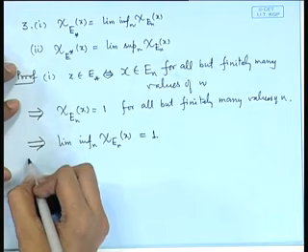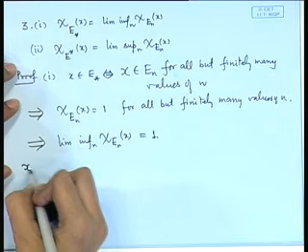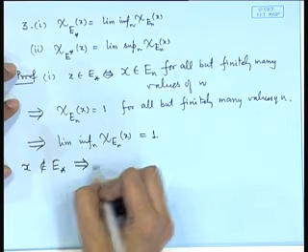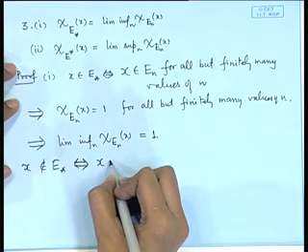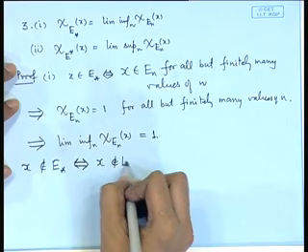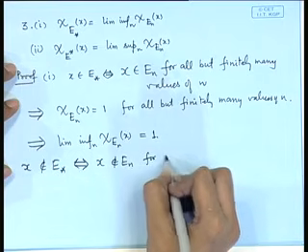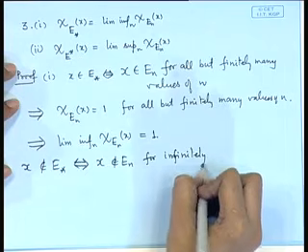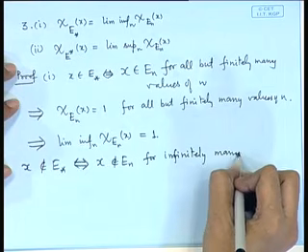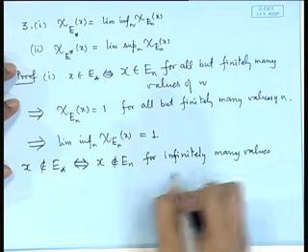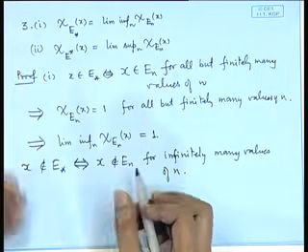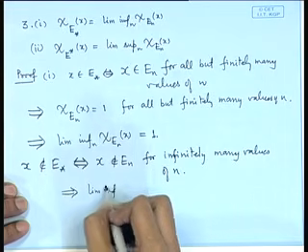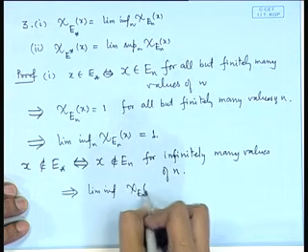Further, if I consider x not belonging to E lower star, then this will imply that x does not belong to E n for infinitely many values of n, and this implies that the limit infimum of chi E n of x is 0.